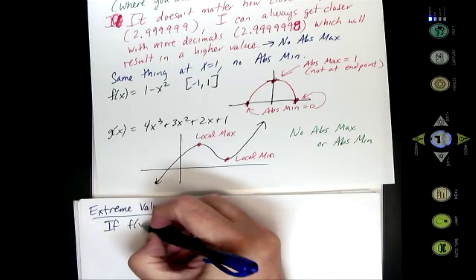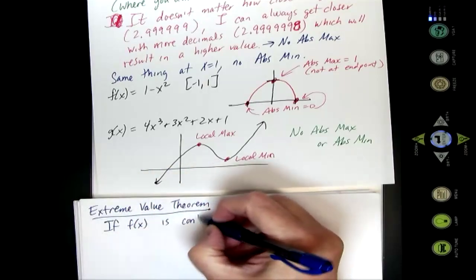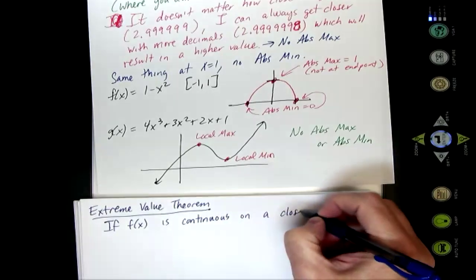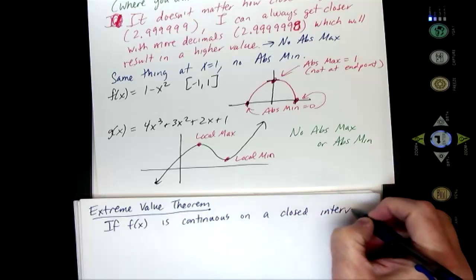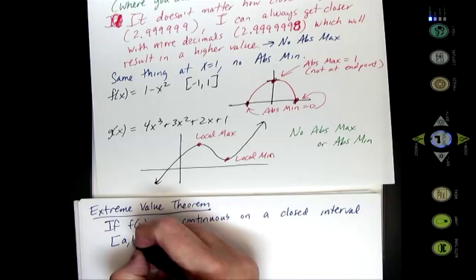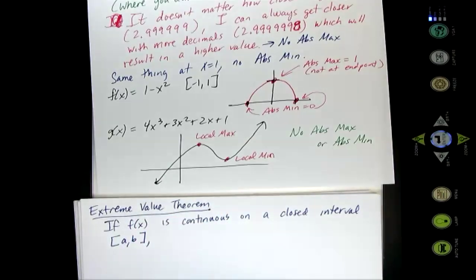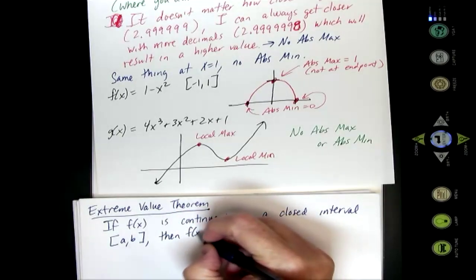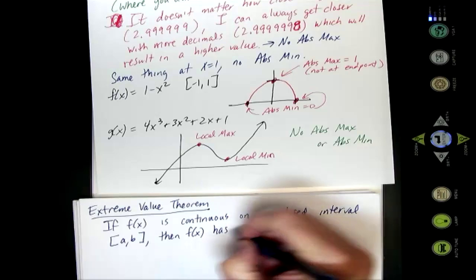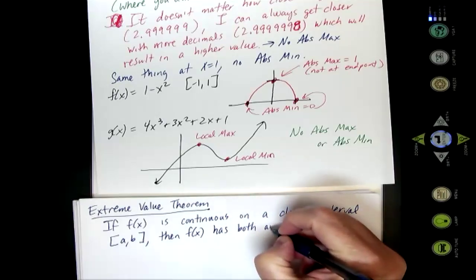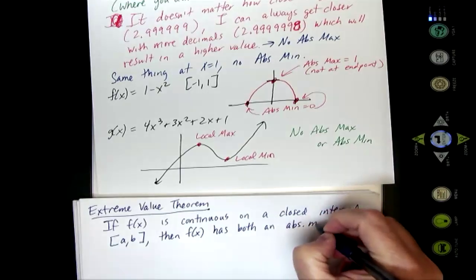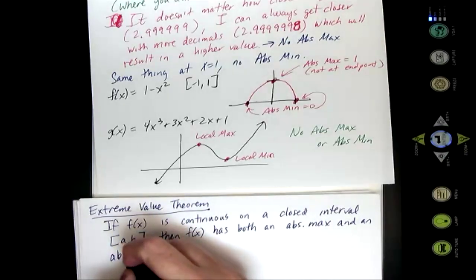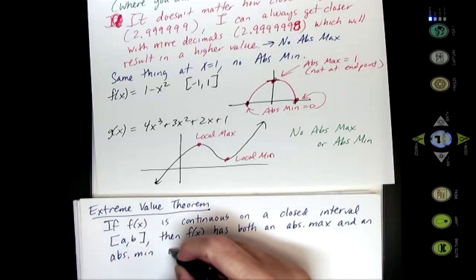If f of x is continuous on a closed interval, a to b with brackets, then f of x has both an absolute max and an absolute min on the interval a to b.